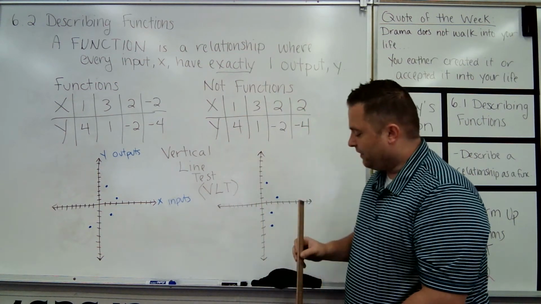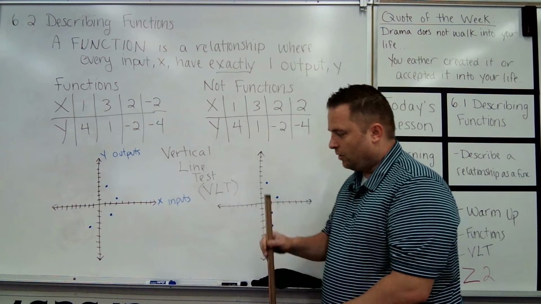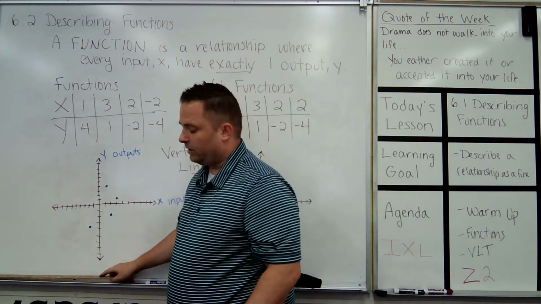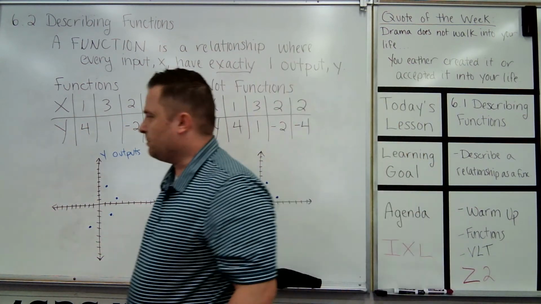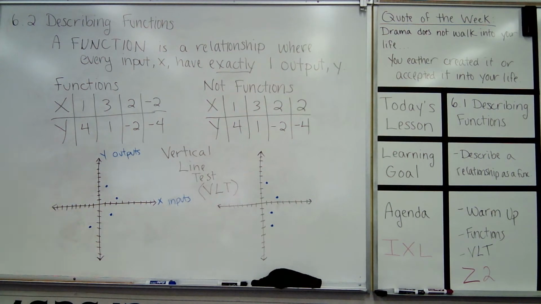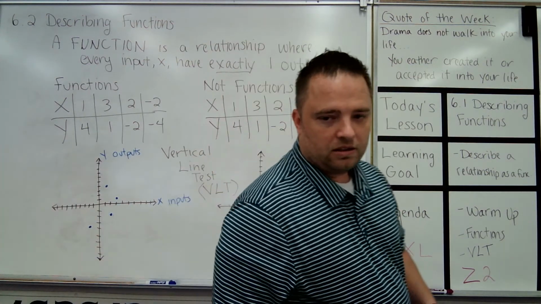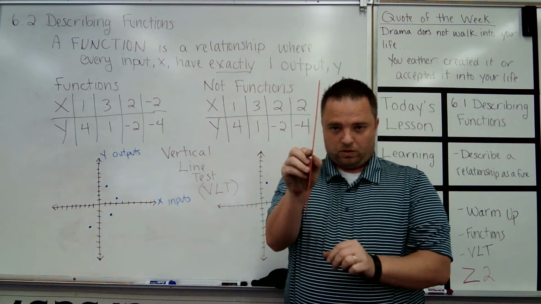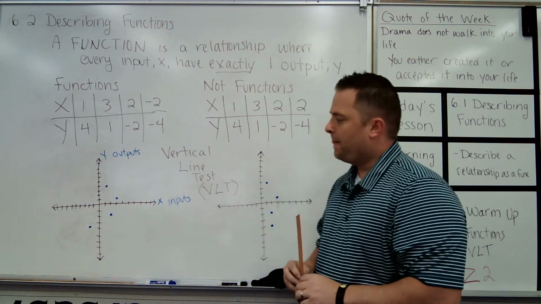And the test is very simple. I'm not going to use this giant ruler because it's really hard to use. I'm going to be using a smaller ruler because my graphs are a lot smaller. I'm going to use this ruler to be my vertical line.